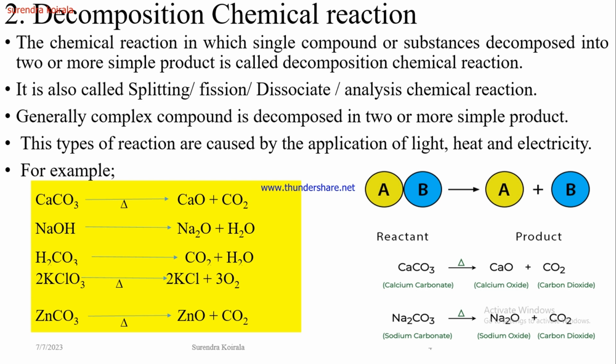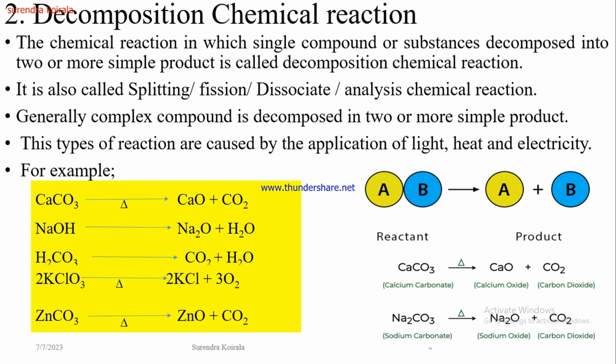Similarly, we can see on the right hand side of the screen, calcium carbonate is decomposed into calcium oxide and carbon dioxide. Sodium hydroxide is decomposed into sodium oxide and water, and carbonic acid is decomposed into carbon dioxide and water.